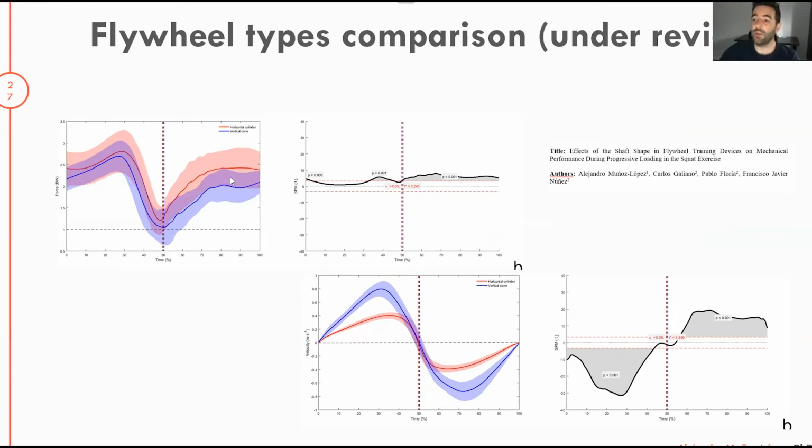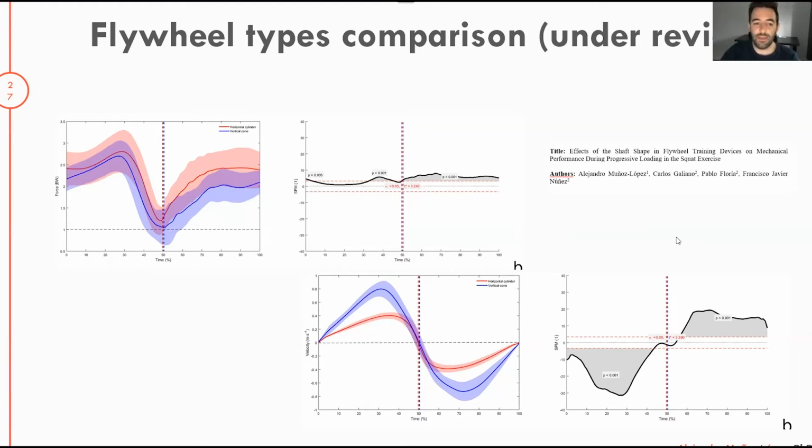But when you use the conic pulley, you always have a higher speed between both devices. Mostly significant difference along the whole concentric phase and along the whole eccentric phase. So it is good to know, for resistance training programs, which kind of flywheel device to use. Not whether to use a flywheel device or an isoinertial load, but which kind? Because we're talking about the same exercise and same moment of inertia here.